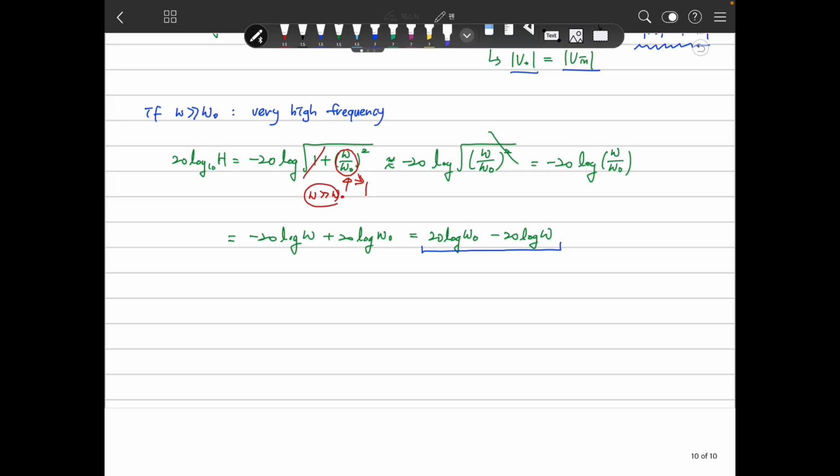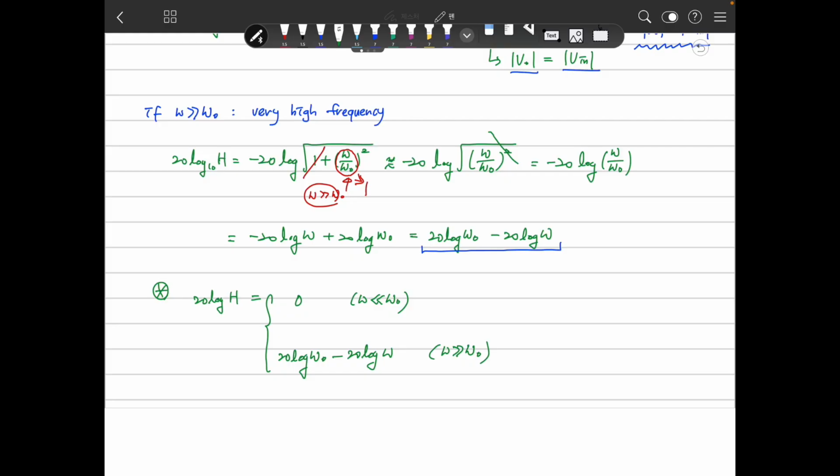So we need to simplify. We divide into two conditions. To summarize, the gain of the transfer function can be represented first as 0 dB when omega is very small compared to omega 0, and 20 log omega 0 minus 20 log omega when omega is higher than omega 0.